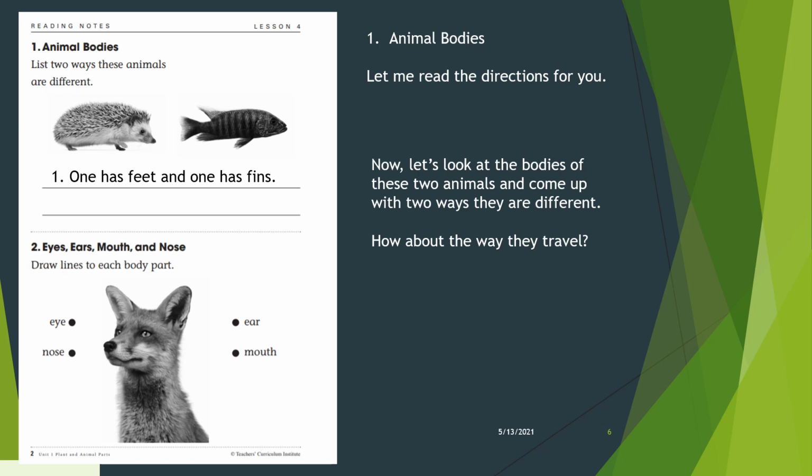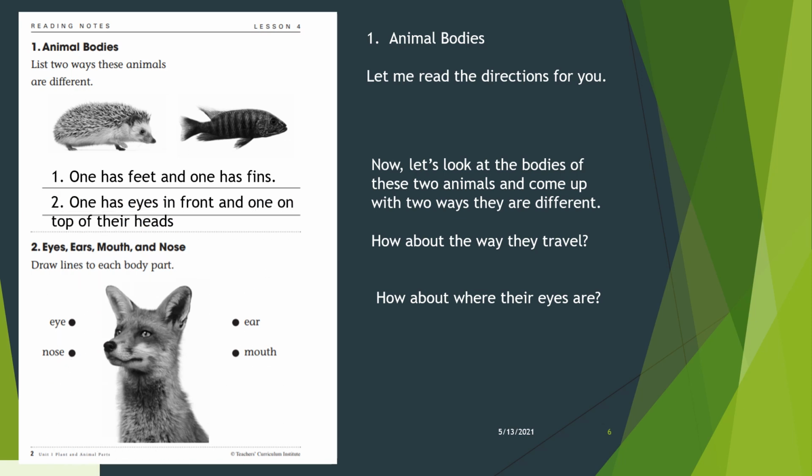So it said list 2 ways these animals are different. What else about their bodies are different? How about where their eyes are? One has eyes in front and one on the top of their heads.